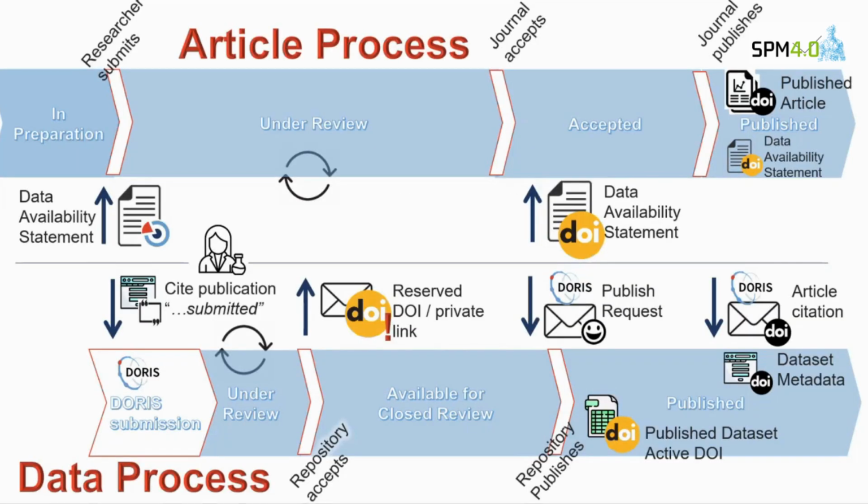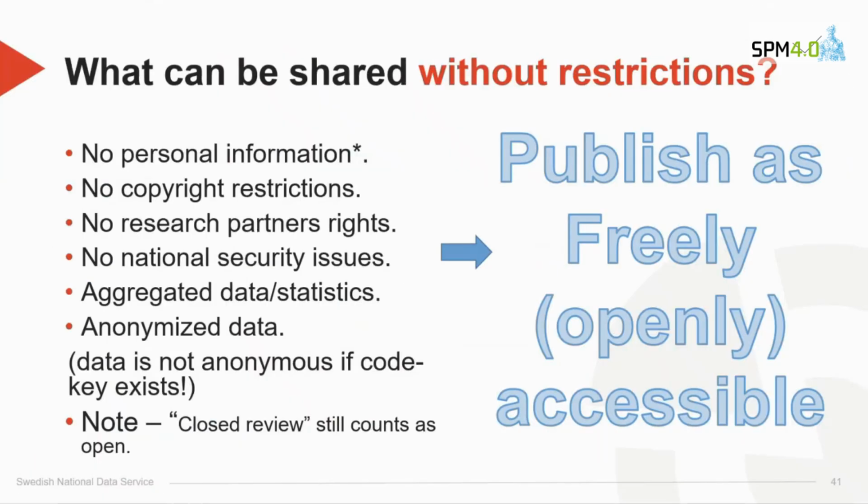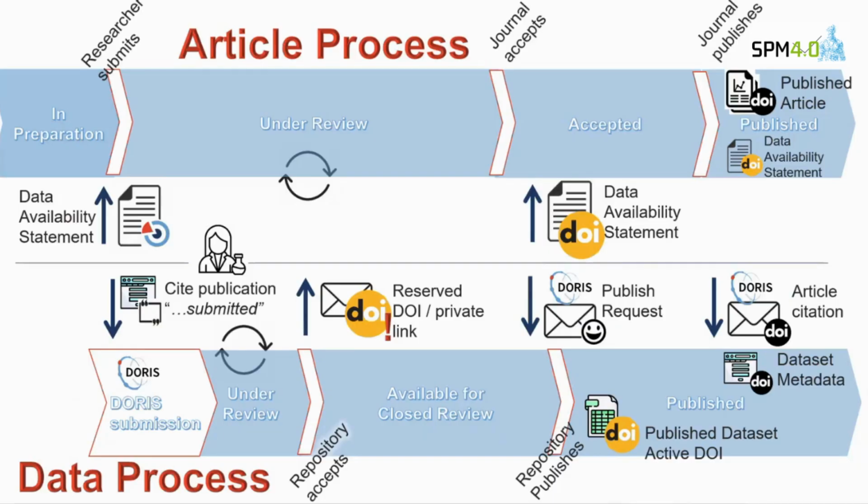But, okay, so the process looks something like this, I'm afraid. It would be really nice if it was all integrated. And as a research data repository, we would love to work with the journals so that it can all just be made to work, but it doesn't. And so it goes something like this.